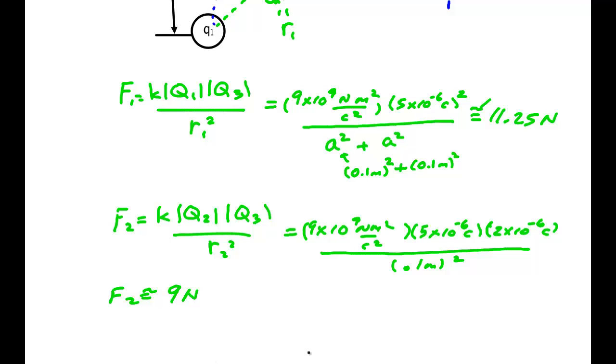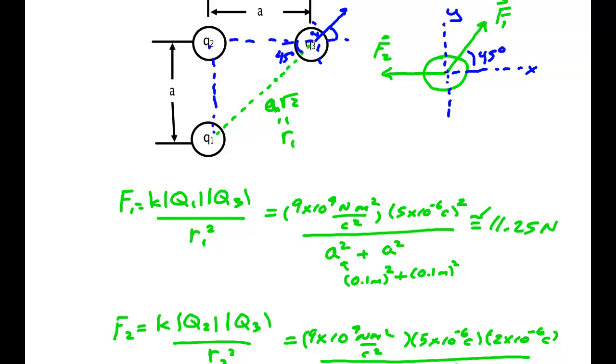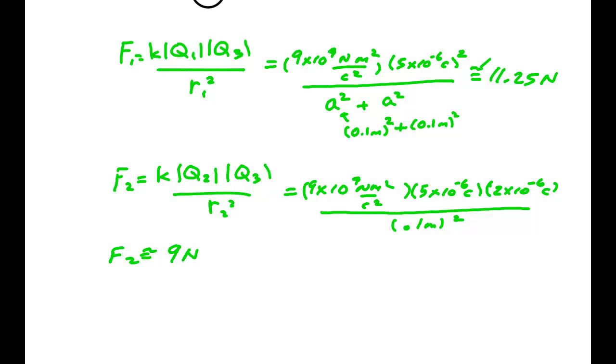Now, let's find the sum of the forces in x. F2 is in the minus x direction, so I have minus 9 newtons in the x. This side of F1 is along the x, and that's going to be the cosine of 45 degrees times F1. So the sum of the forces in x is minus F2 plus F1 cosine of 45 degrees.